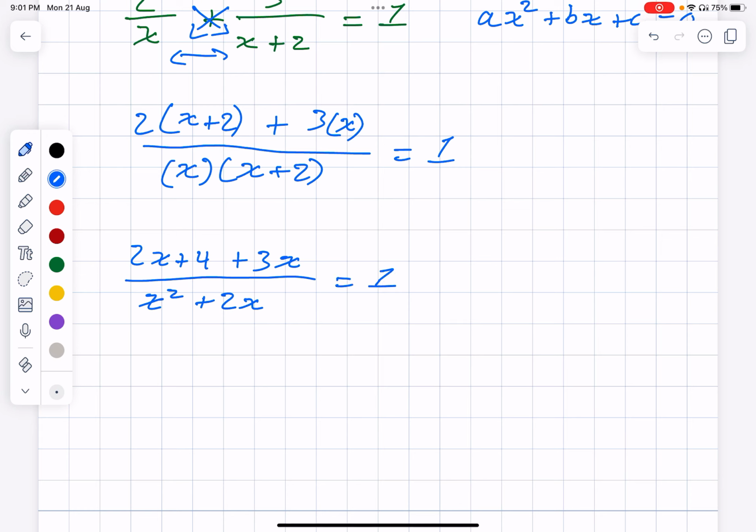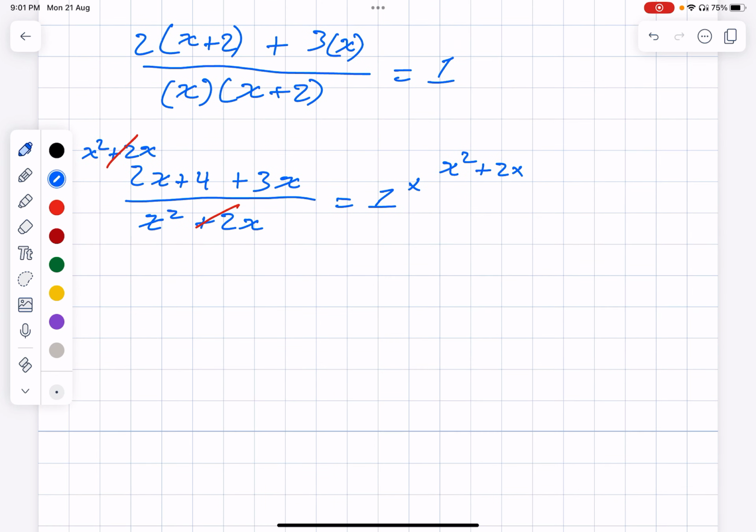Now we want to get rid of the denominator, so we multiply both sides by x squared plus 2x. This will cancel the denominator, and the resulting equation will be 5x plus 4 is equal to x squared plus 2x.